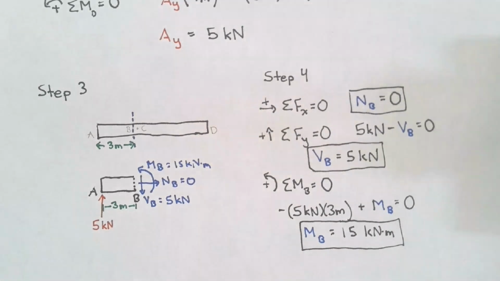So, steps 1 and 2 won't be changed. However, for step 3, instead of taking our cut at point B, we now have to take our cut at point C. So let's do just that.